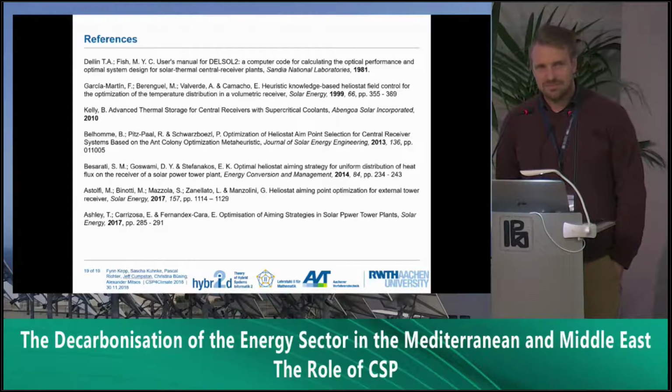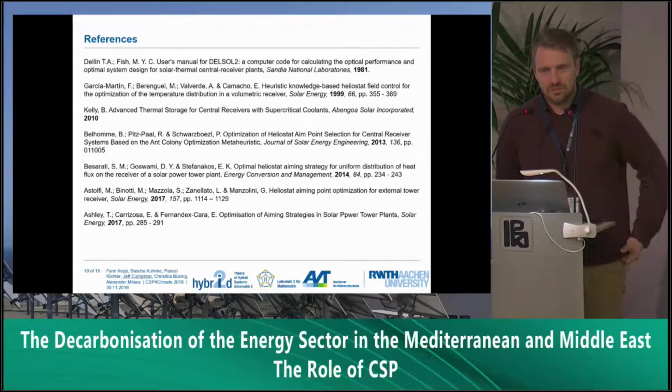One says, what flux safety factors are the receiver designed for, and what will be the consequences for a higher flux? My understanding is that the safety factor for the PS10 is about 800 kilowatts per meter squared.